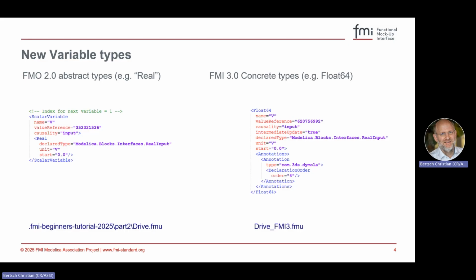For the integer variables, you can define if it's an int16 or whatever. For applications with virtual ECUs, for example, this is important. In the model description file, in FMI2 you will see just real as a variable, and in FMI3 it would be float64. So this is defined much more fine-grained.